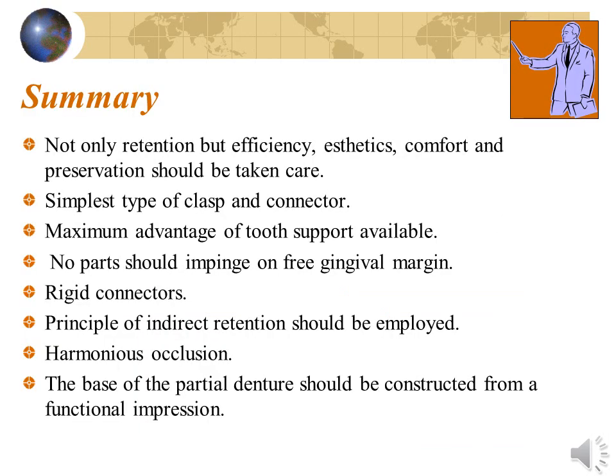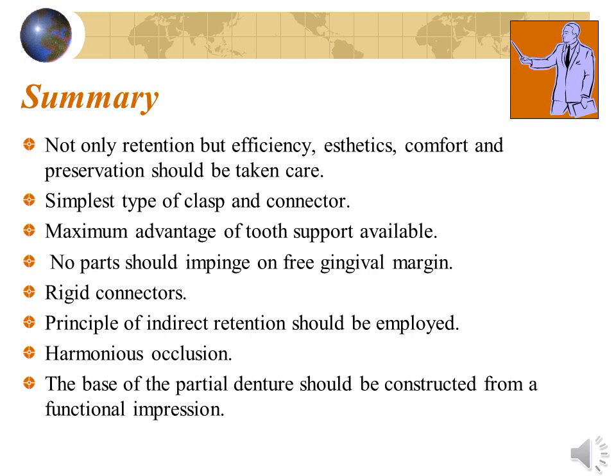To summarize, retention should not be the prime objective of the design. Instead, efficiency, aesthetics, patient's comfort and preservation of remaining oral structures must be taken care of. The simplest type of clasp and connector that will accomplish the design objective should be employed. Tooth support should be exploited to the extent that it is available.